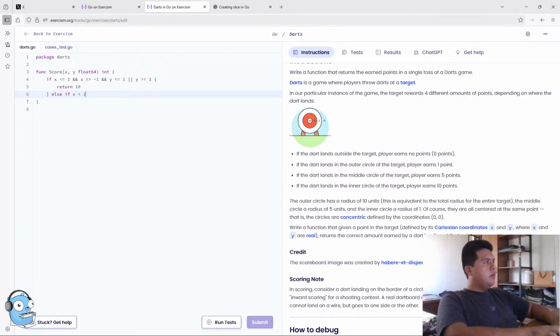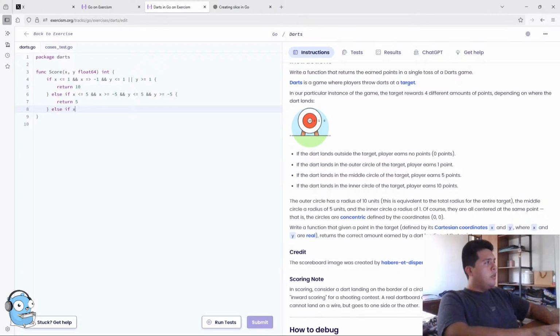Else if x is less than or equal to 5 and x is more or equal to -5 and y is less than or equal to 5 and y is more or equal to -5, return 5.